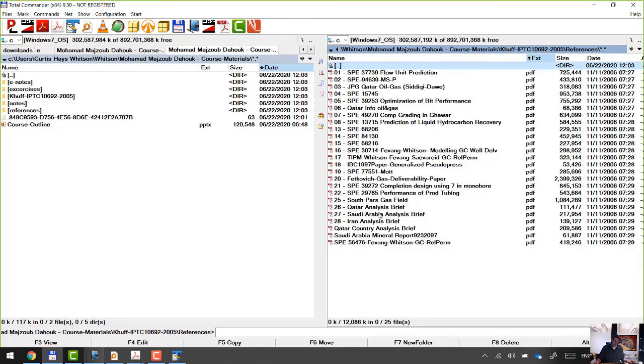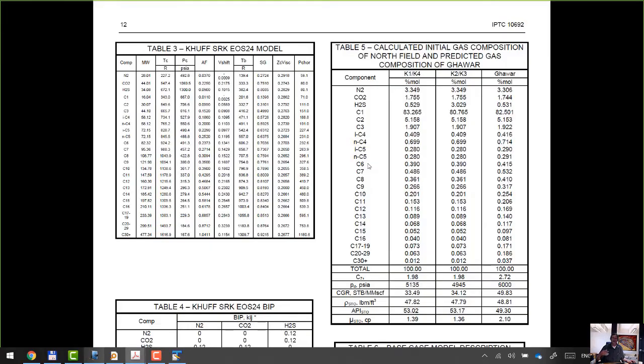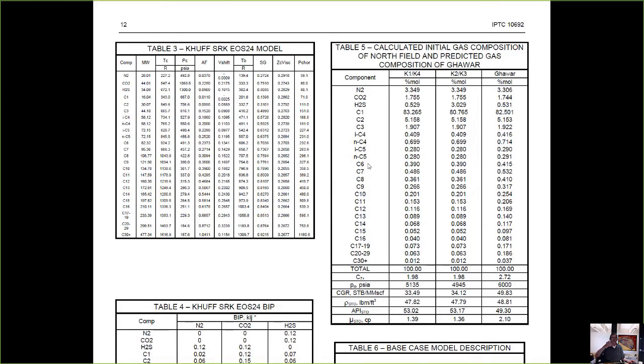That was published many years back. But anyway, they talk about the variation of H2S and methane, and so this approximate treatment here was done. So they're essentially the same compositions except for methane and H2S.